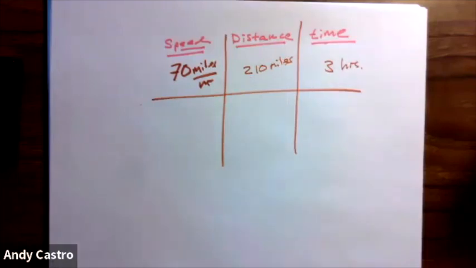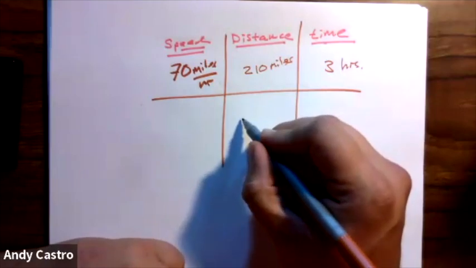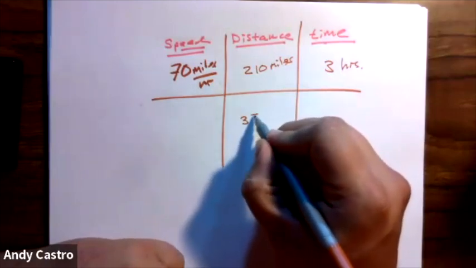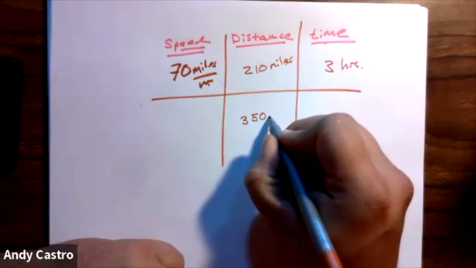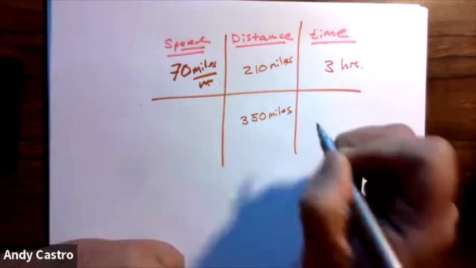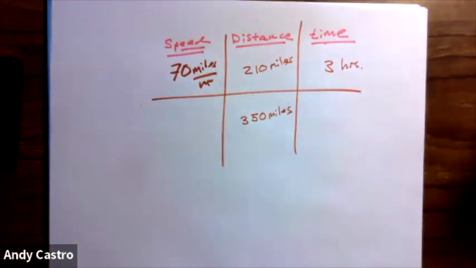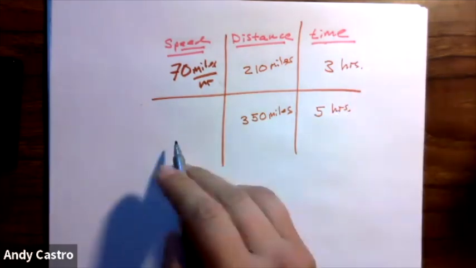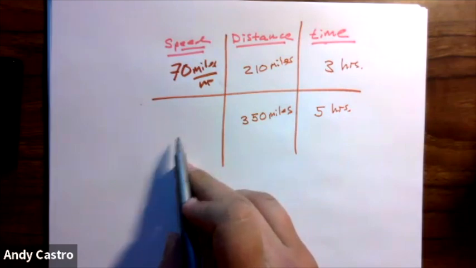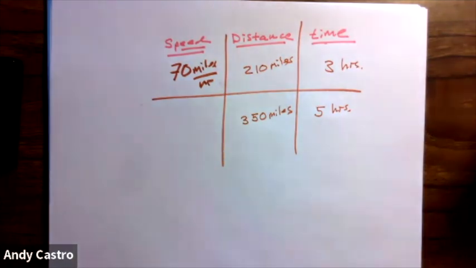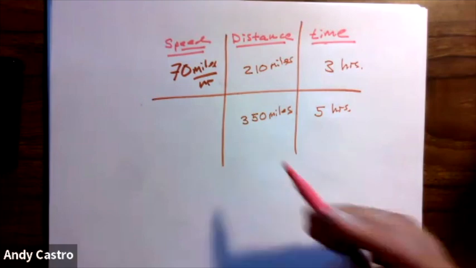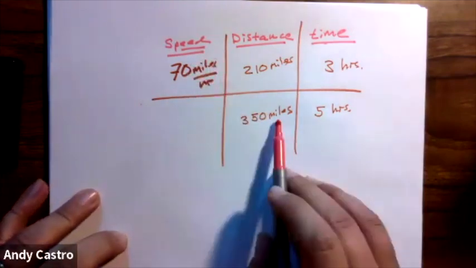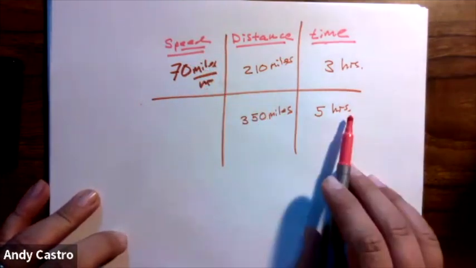But we can go the reverse. We can say, okay, someone traveled a total of 350 miles, and it took them 5 hours. Well, what was their speed? The way I would figure that out is, speed in this case is going to be miles per hour.